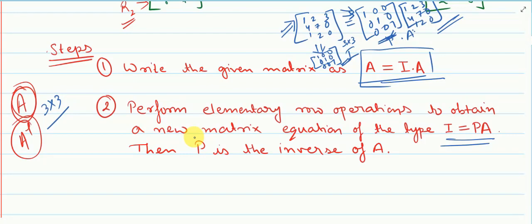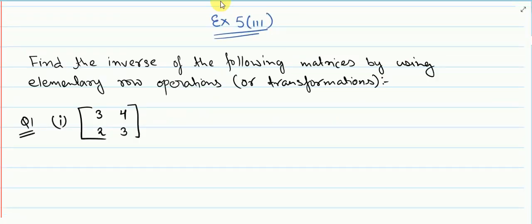So we will move on to exercise 5.3. Here it says, find the inverse of the following matrices by using elementary row operations or transformation. Question number 1 is a 2 by 2 matrix, and we are supposed to get its inverse.